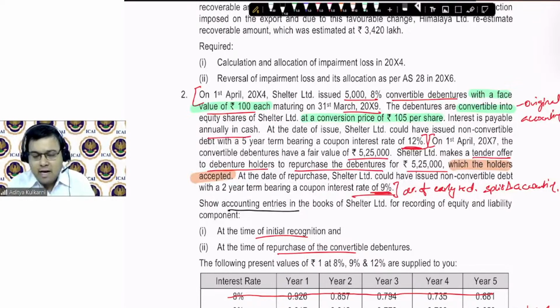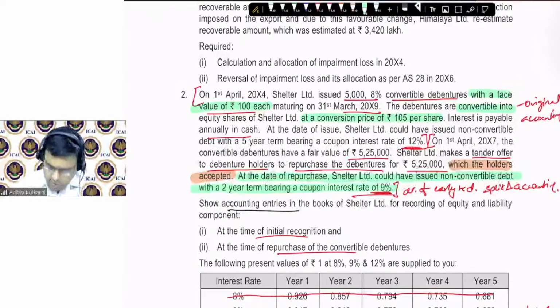So I will now have to do the split of 5,25,000, based on the market rates prevailing as on the date of early redemption. At the date of repurchase, Shelter could have issued non-convertible debt with a 2-year term bearing interest at 9%. This is the basis for which we will do our next set of split accounting.